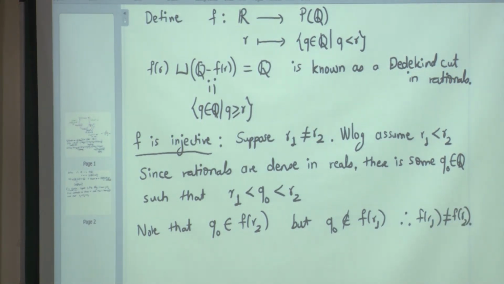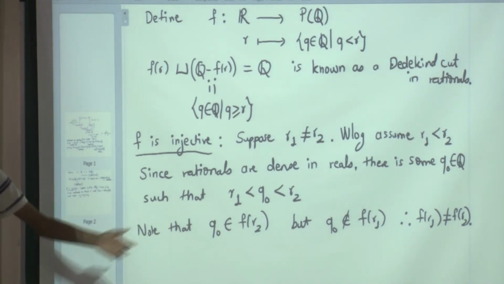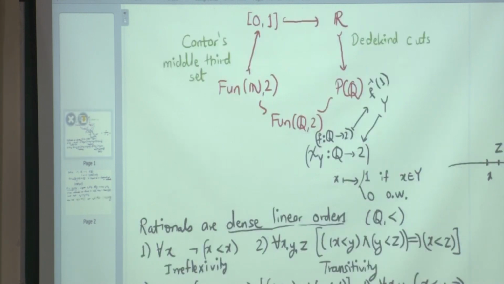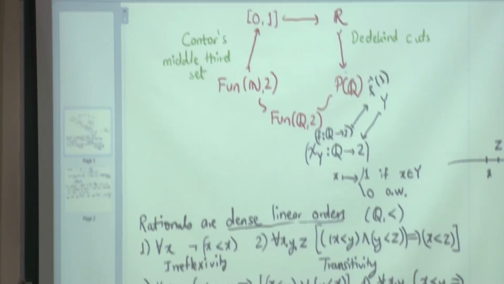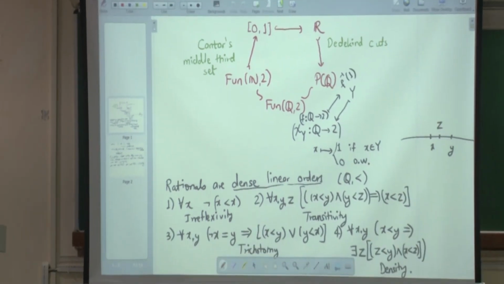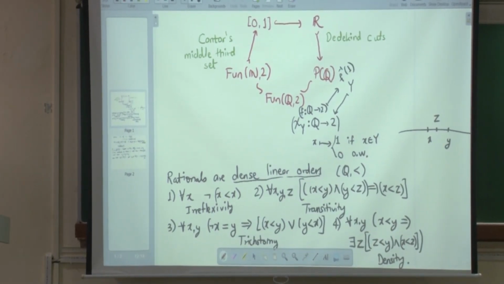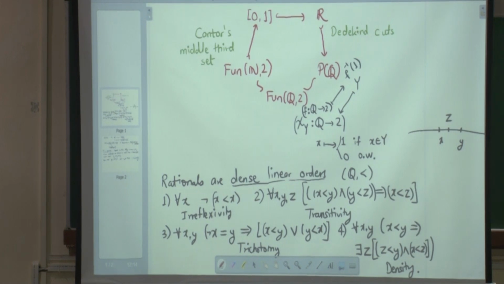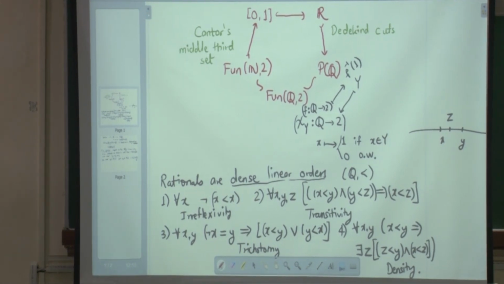We started with r1 not equal to r2, we obtained f of r1 not equal to f of r2, which means f is injective. So, via this construction we have finished the description of this injective map from real numbers to the power set of rationals. Understood? Archimedean property, you have to figure it out yourself.